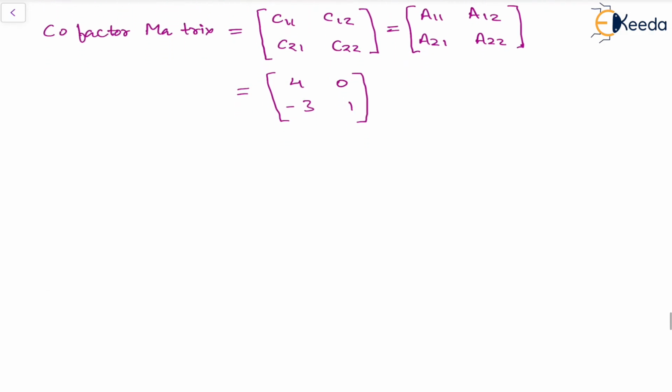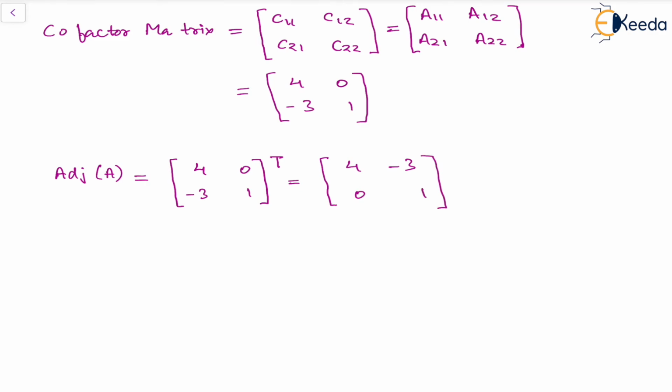Now the adjoint A will be the transpose of this matrix formed by the cofactors. So this is 4, 0, negative 3, 1, and the transpose of this will be 4, negative 3, 0 and 1.